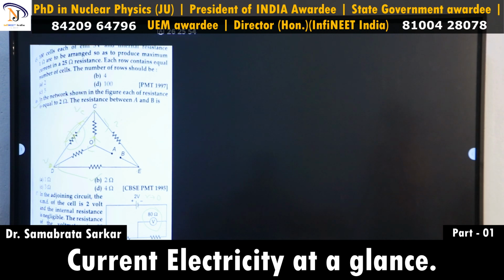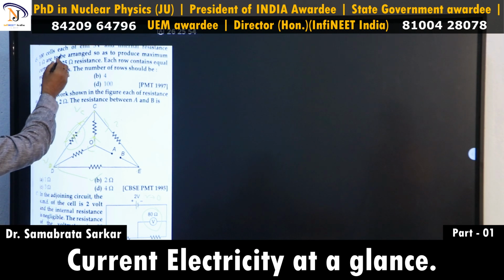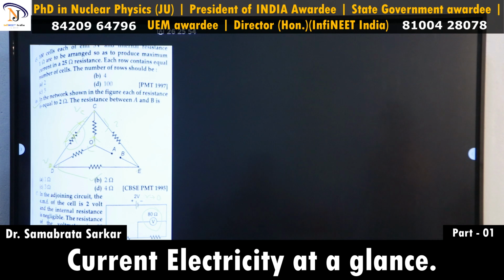If you consider every cell is having the same: 100 cells each having EMF 5 volt and internal resistance 1 ohm, and they are arranged so as to produce maximum current in a 25 ohm resistance.